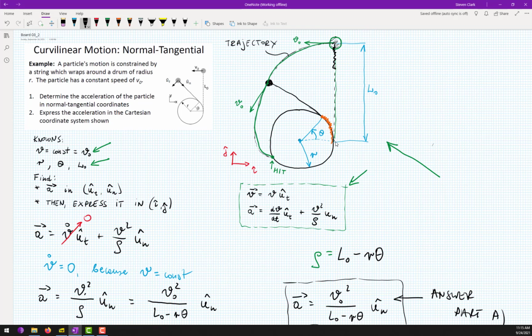At the beginning it was this, and with time passing, this will be our rho. So this is like rho 0, and later, when the particle is in here, this will be rho. You see the rho, or curvature of the trajectory, decreases.